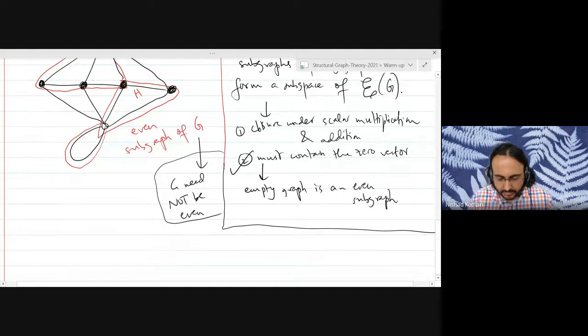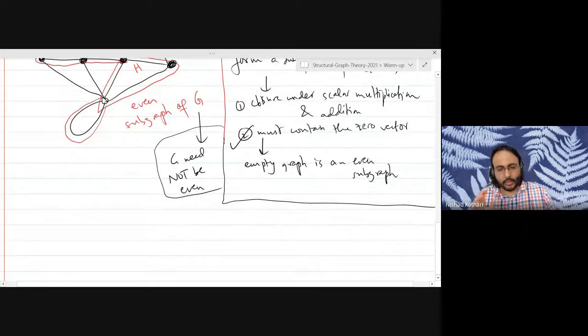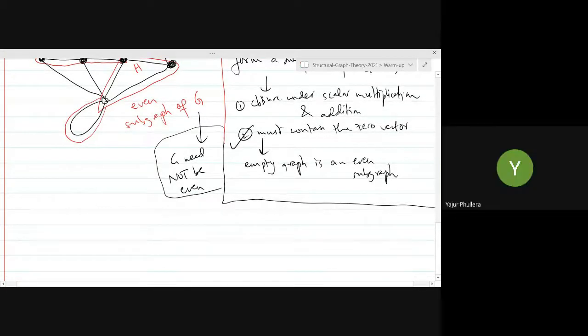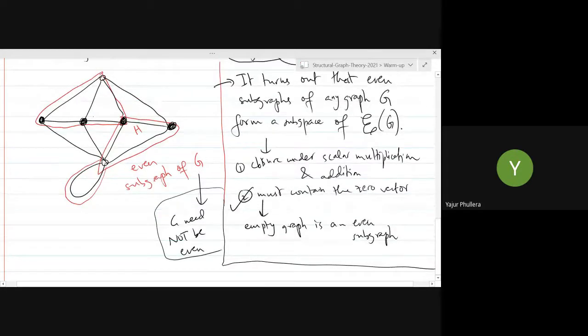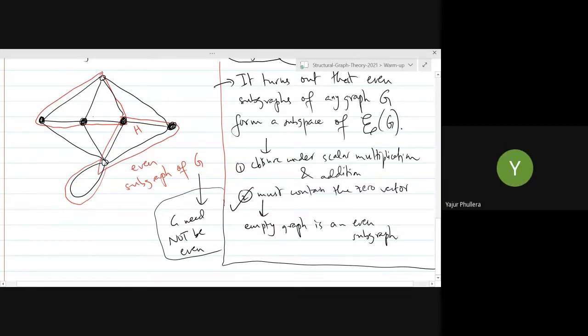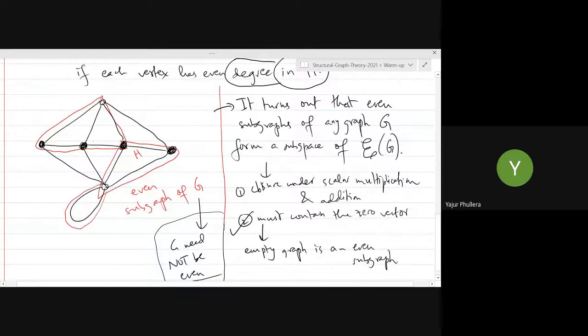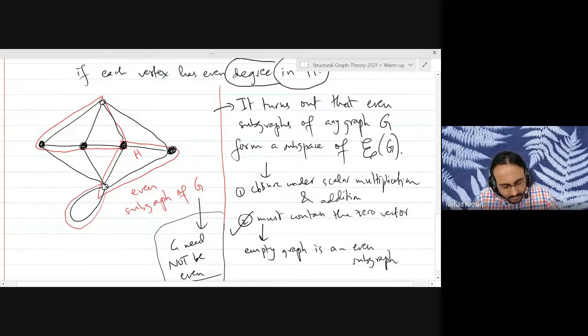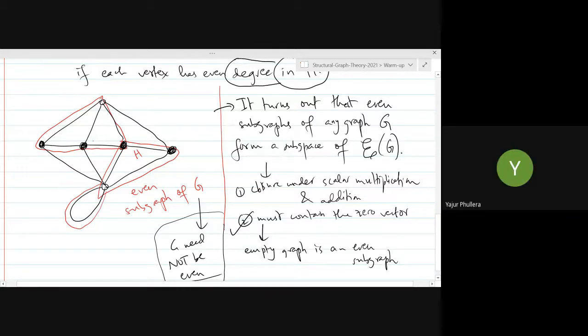Okay? Good. So now let's go to closure. Yeah, go ahead. If U and V are in H, then the edge between U and V need not necessarily be in the subgraph, right? Exactly. So in this graph, look at the leftmost vertex and its neighbor. I think the middle one is not.